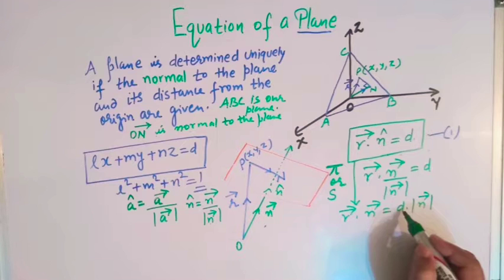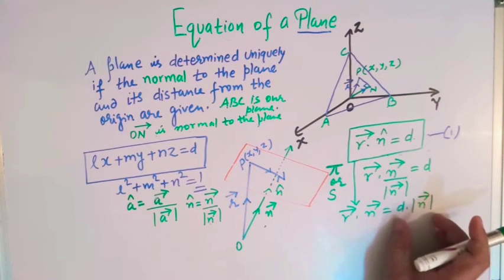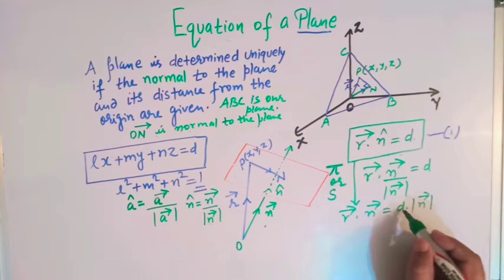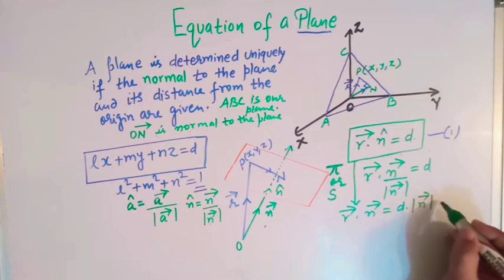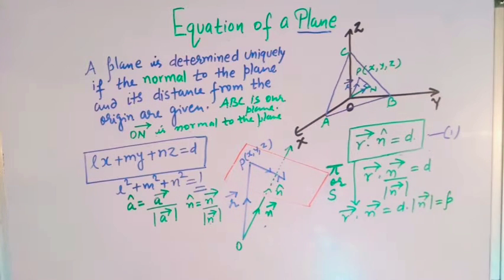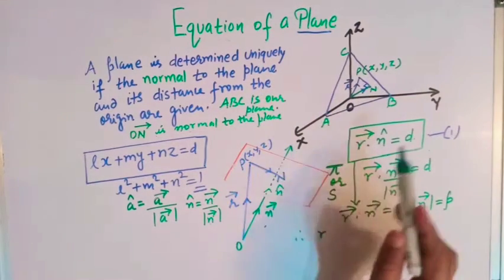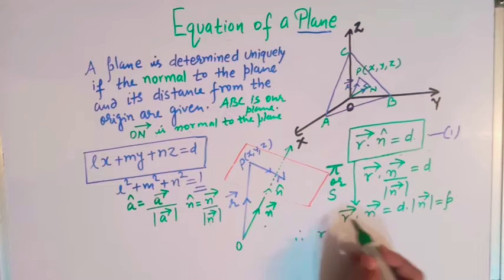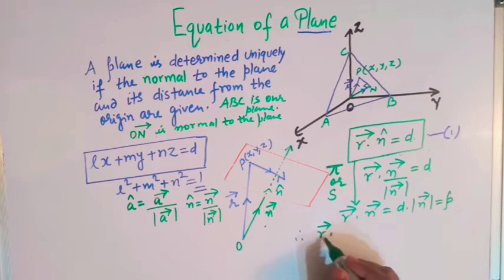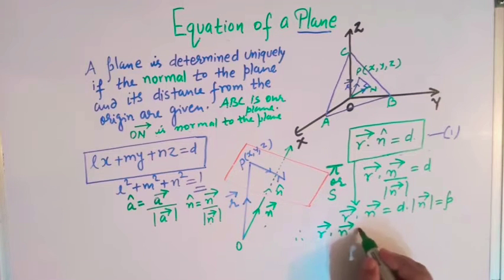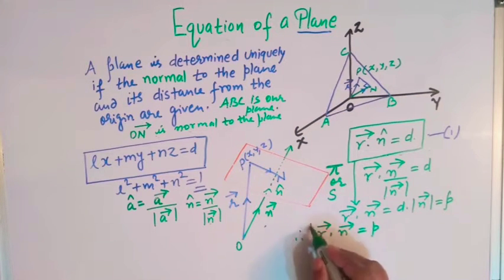Since these two are scalars, let us denote the product of these two scalars by, say, scalar p. So the normal form of the vector equation of a plane can also be expressed as vector r dot vector n is equal to p.